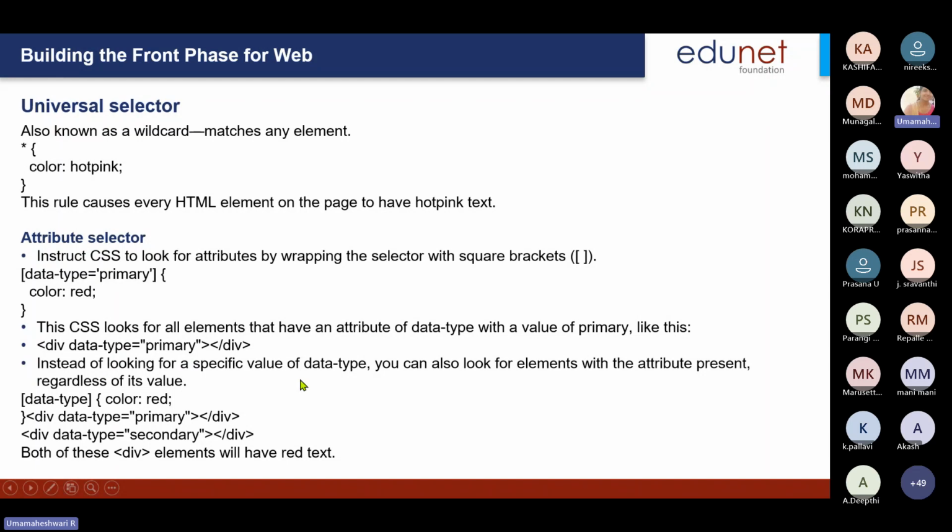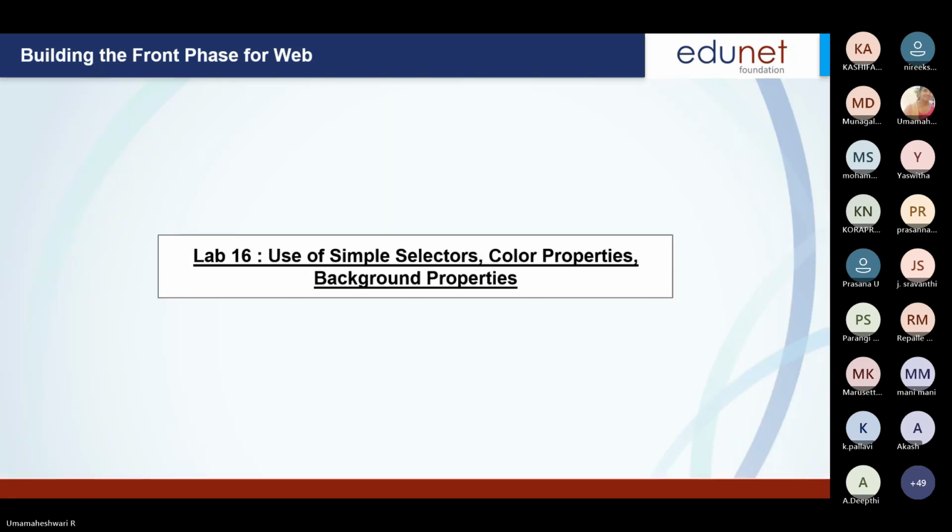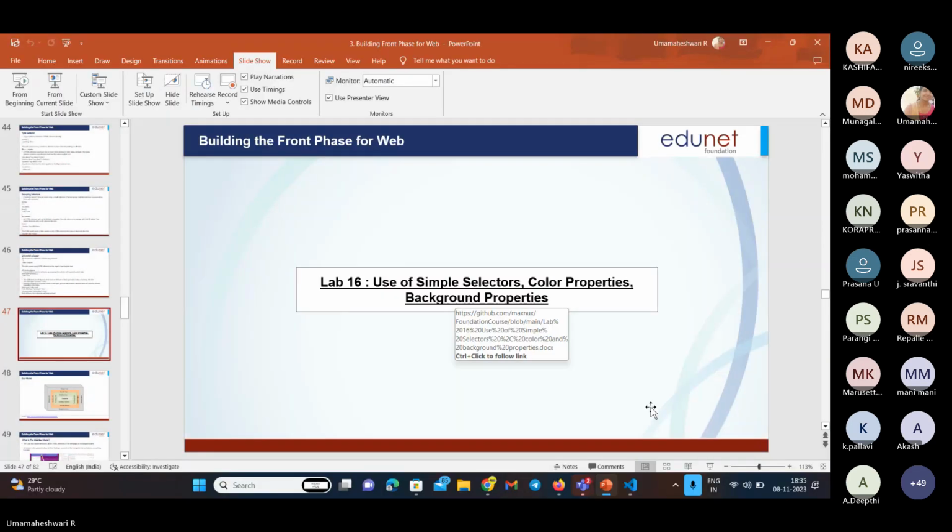Instead of looking for a specific value of data-type, you can look for an element with the attribute's presence regardless of its value. In data-type, you can just mention color: red. So it will be applied to this div container as well as this. Both of these. Let's see how we can do the things.